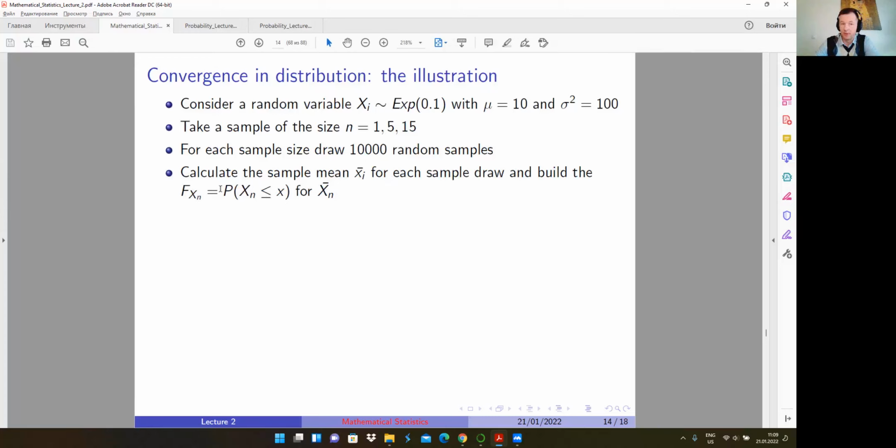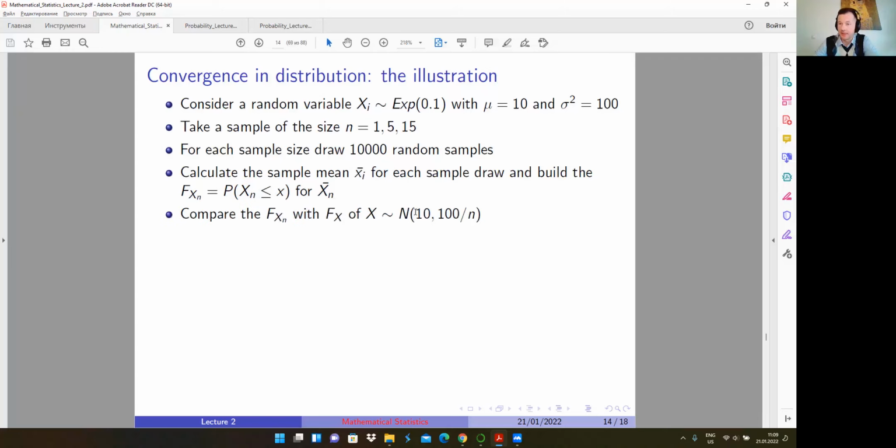And I build the, let's say it's called empirical CDF, but in principle, it's going to show me what is the fraction of samples when the sample mean is less than or equal to some particular value, small x.